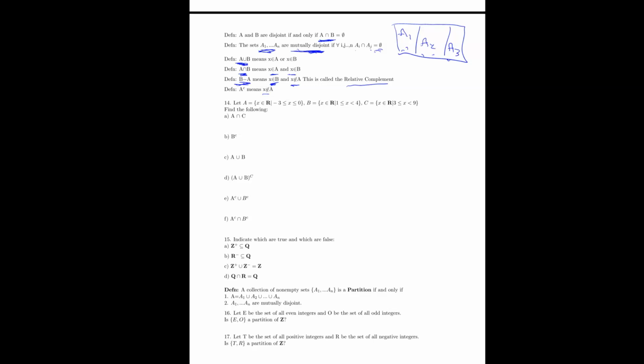Let's draw a little number line to find out what we have for the set A. The set A goes from -3 all the way to 0. The set B is from 1, I meant to draw the 1, up to 4. And the set C is from 3 to 9, but not including 9. If I take A intersect C, is there anything in common between these two sets?